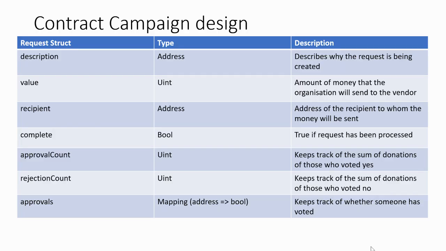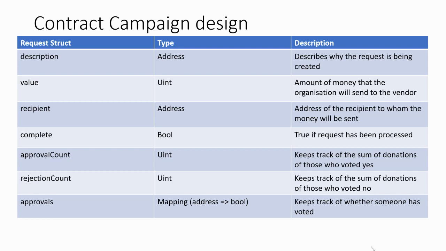The contract campaign is used by organizations to create instances of requests. Now, these requests can be used to transfer for supplies. They're used to make transactions to vendors, to get supplies, to perhaps donate or form events.